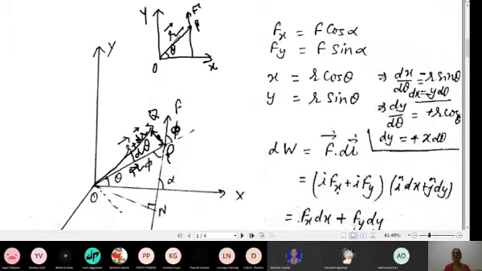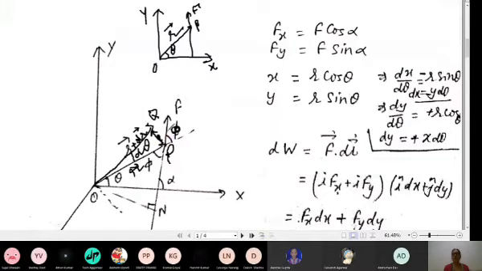Initially the angle for this position vector, that is theta. And if I'm moving from P to Q, then the small angle which is moved is d theta. These all are my suppositions, and suppositions you are supposed to mention in the beginning.